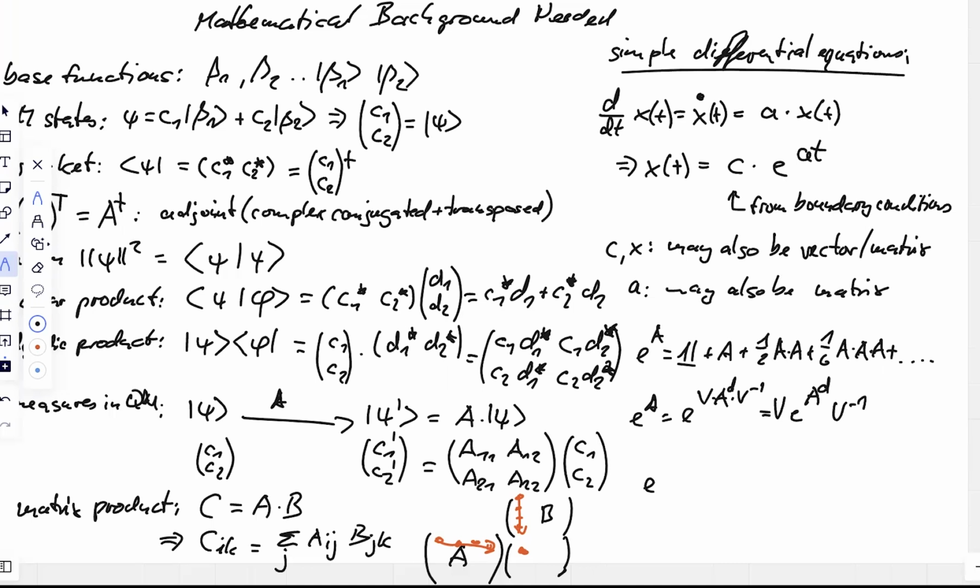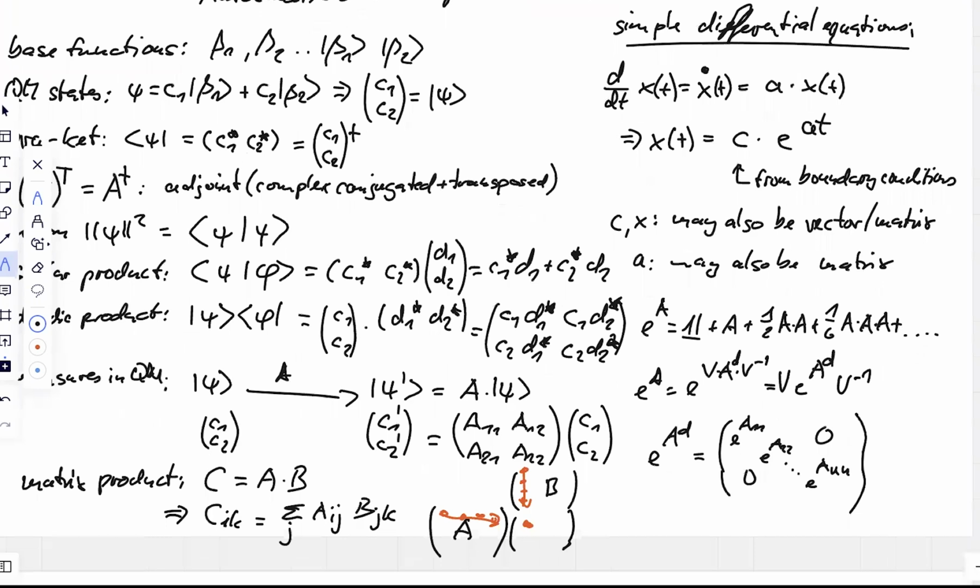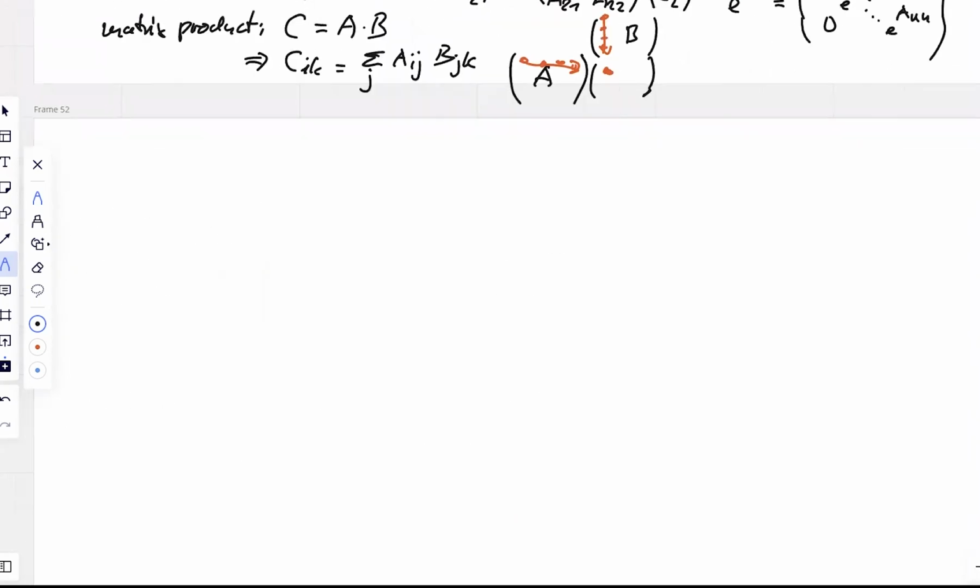And for the e to the A diagonal matrix, we can now write e to the power of the coefficient A11, e to the power of A22 along all the diagonal elements, and everything else is 0. So in this case, we can do directly the exponentiation onto the diagonal elements and thereby very easily calculate the matrix exponential, which we will meet later on in the theory.